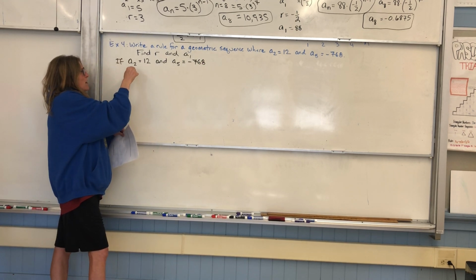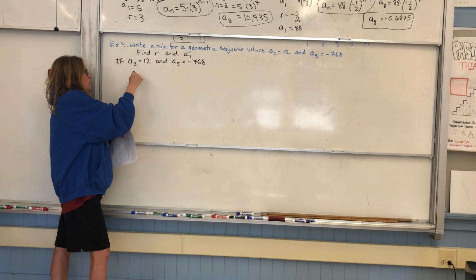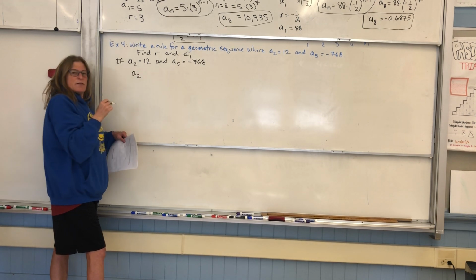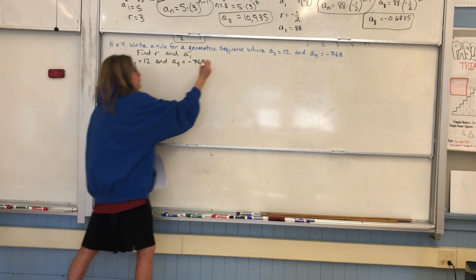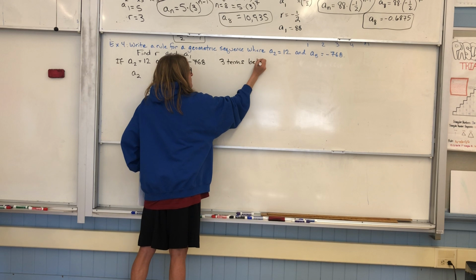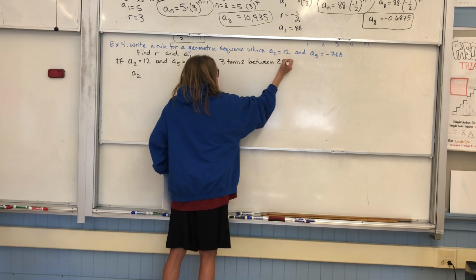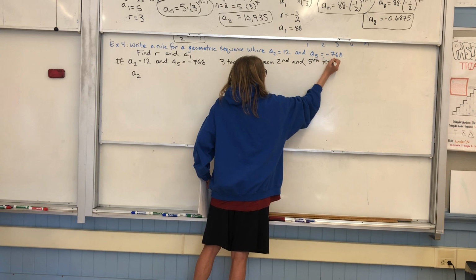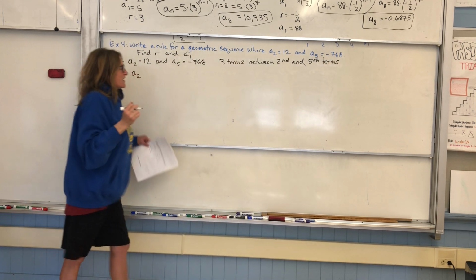How many terms are there between the second term and the fifth term? Well, there are 3 terms between the second and the fifth, right? So let's think about this for a sec.